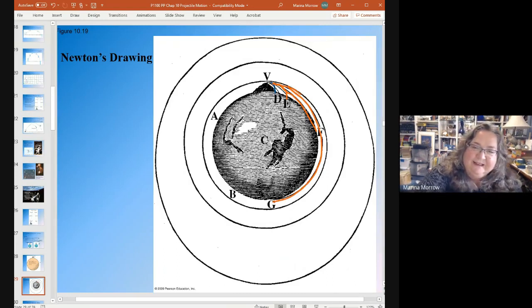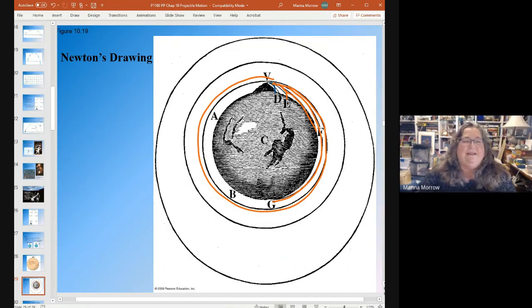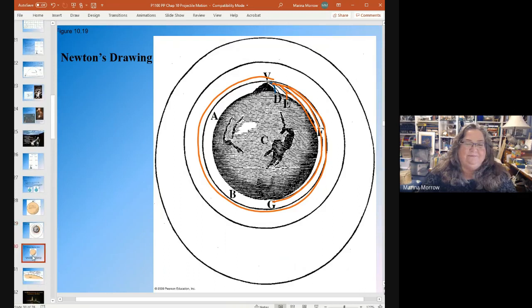How fast does it have to be to get all the way around? He was trying to predict how fast would make that happen.